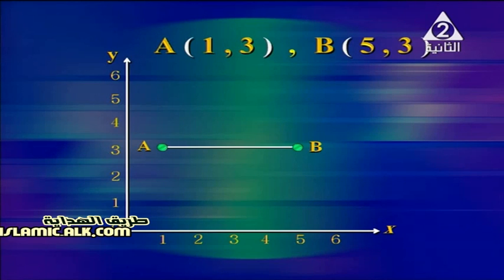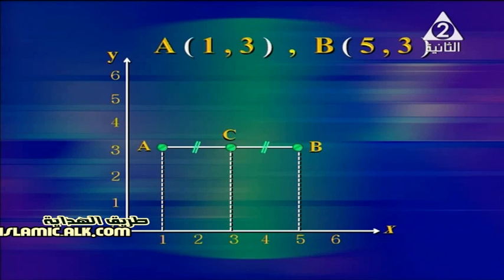First of all, join A and B. It is a line segment. What about the midpoint of this line segment? If the point C is the midpoint, as it is put in the middle of AB, so C is the midpoint. Then, what about the coordinates of the point C?